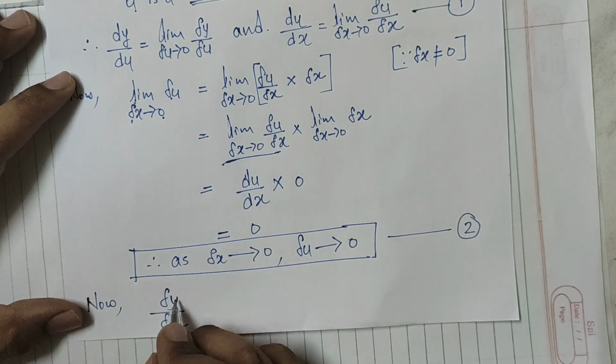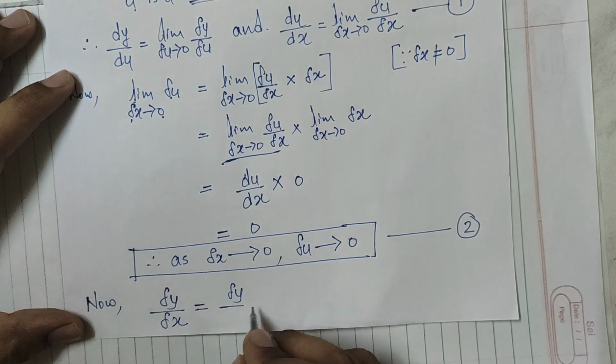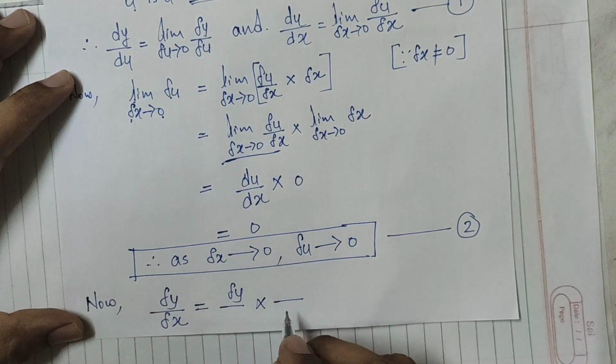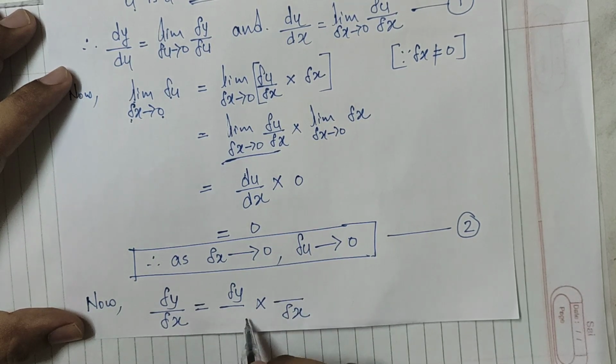Delta y upon delta x is equal to delta y as it is, over delta x. Then what will happen here?